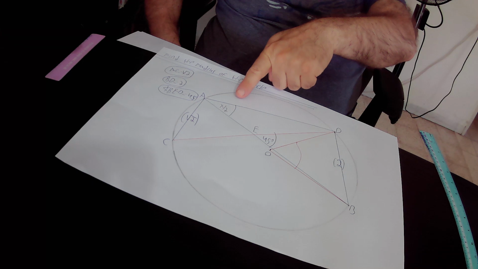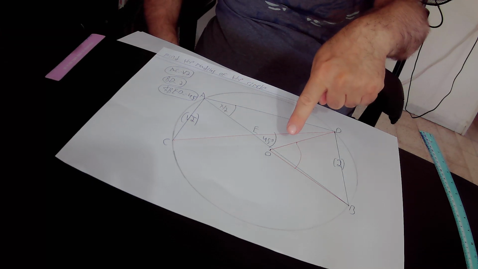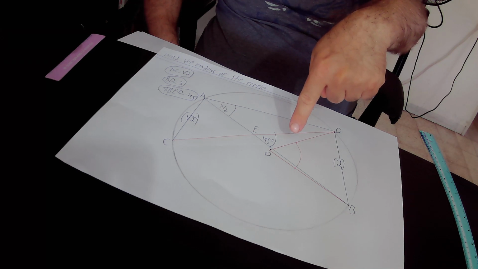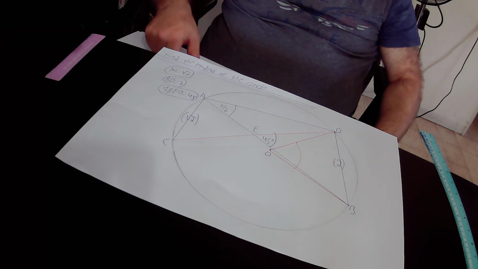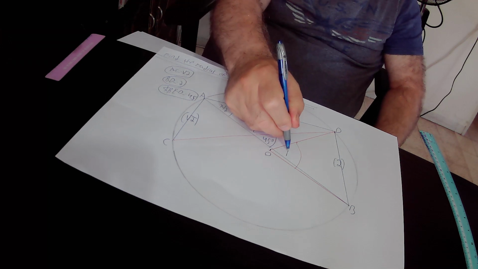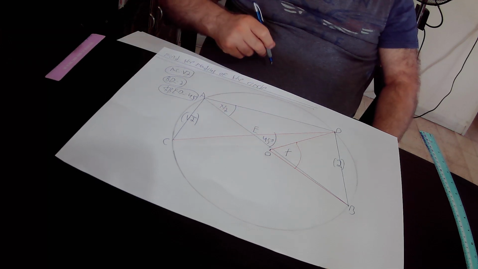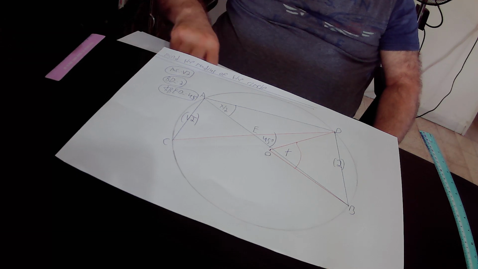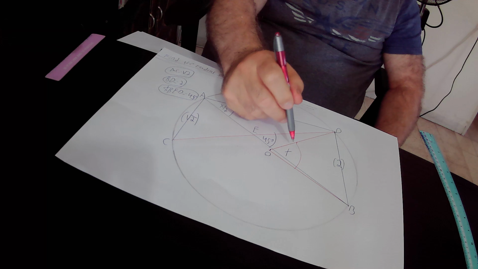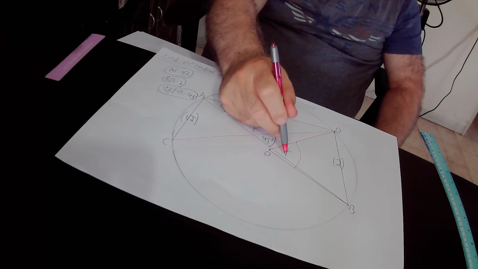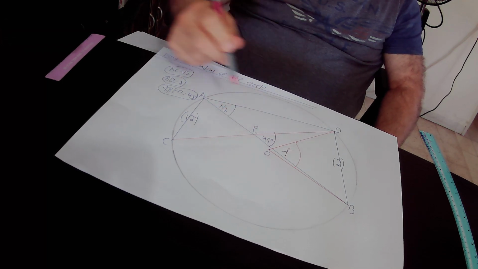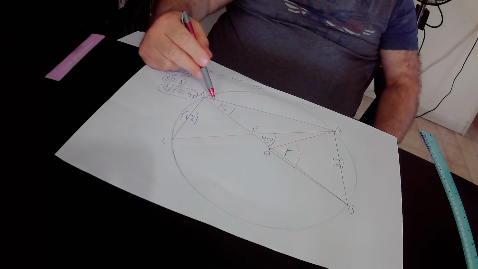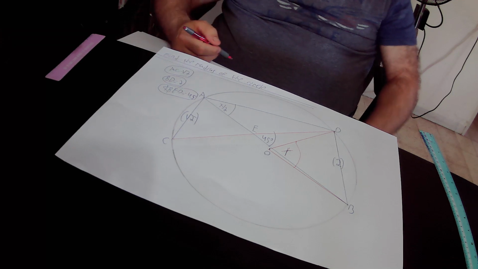The size of this peripheral angle DAB is x over 2. Therefore, the size of this central angle DOB must be equal to x. Okay? According to rule 13, of course. So the size of this central angle DOB is x because it is twice as large as the size of this peripheral angle DAB, that is x over 2.